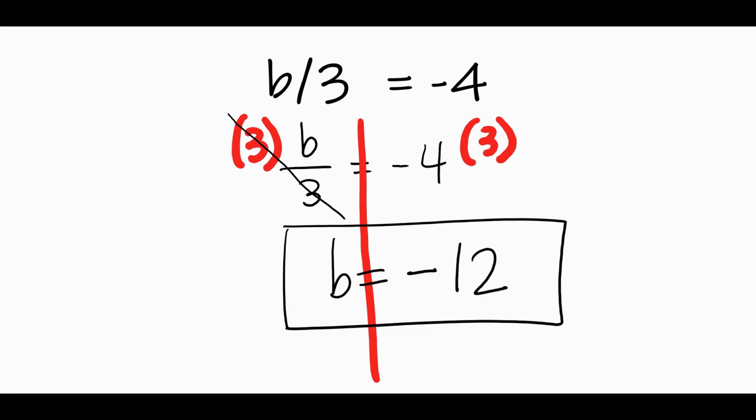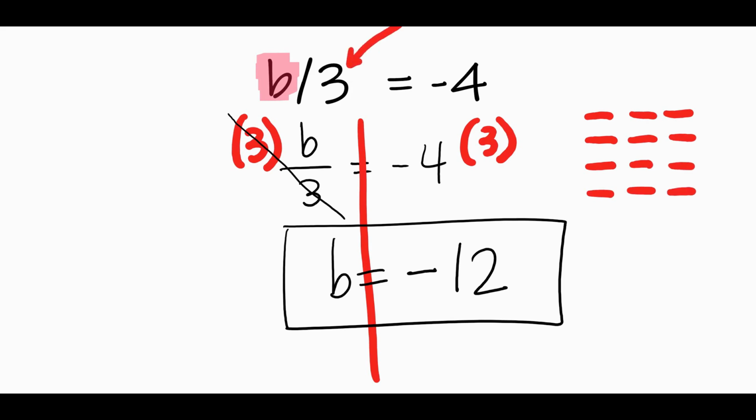b equals -12. And if you think about what this answer means, if I plug in this answer for b right here, we're saying that -12 divided by 3 equals -4. Visually, if I were to write out a bunch of negatives, 12 negatives, 1, 2, 3, 4, 5, 6, 7, 8, 9, 10, 11, 12, and then this is saying divided by 3.